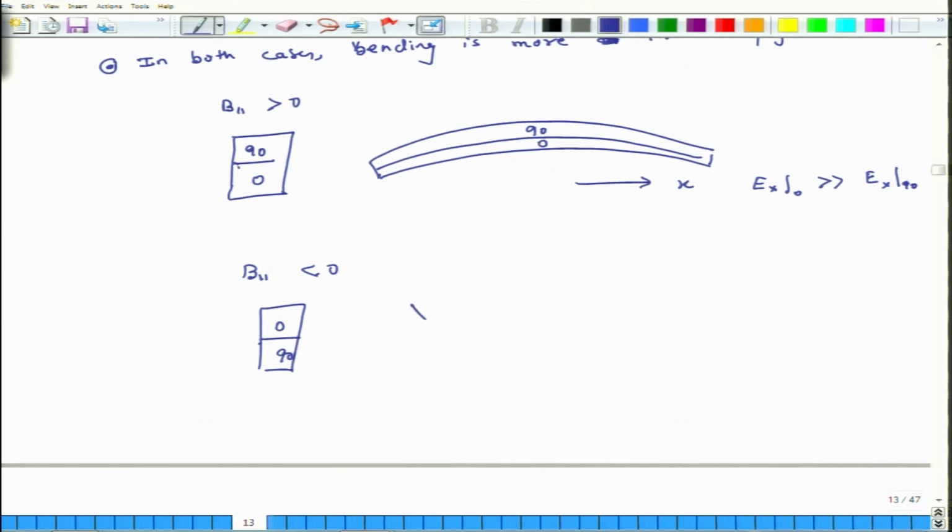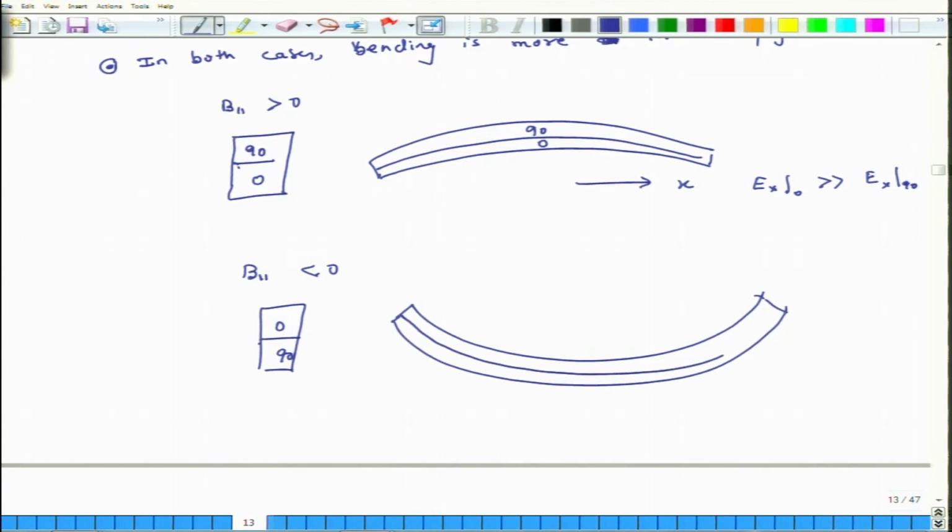So, in this case the plate bends like this. Once again 0 degree ply is on the inside and 90 degree ply is on the outside. Once again here also the 90 degree ply stretches more and 0 degree ply stretches less.